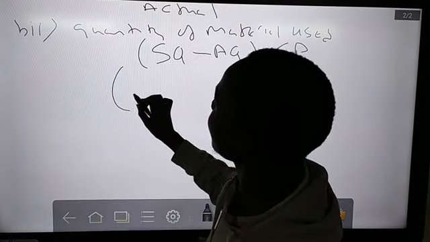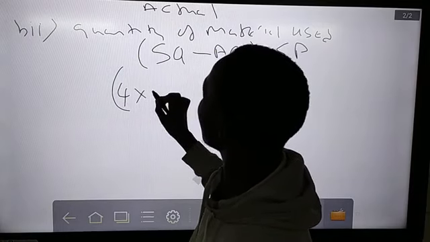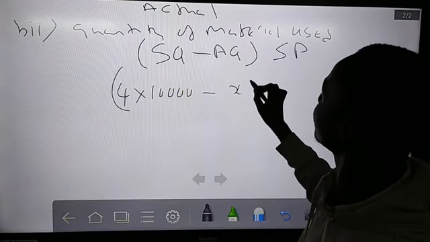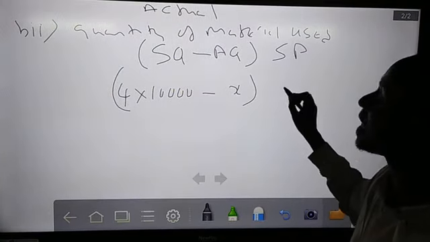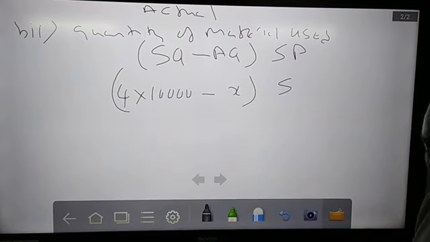Remember we said our standard quantity, we are going to say 4 kilos times actual units produced, that's 10,000, minus X, we close brackets, then our standard price, remember we said it's what? 5. You can check from the question.